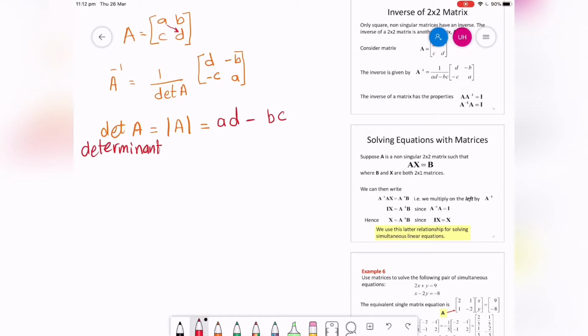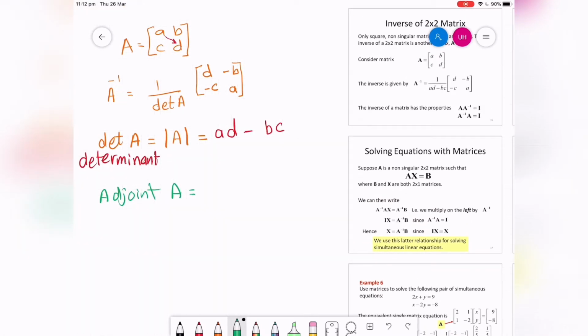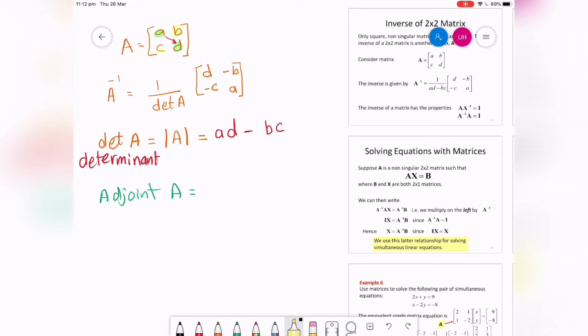Okay, the adjoint, let's do the other one. The adjoint of A is, as we said, you swap over these two values, so you swap over the d and the a, and you change the signs for the other two, the b and c.